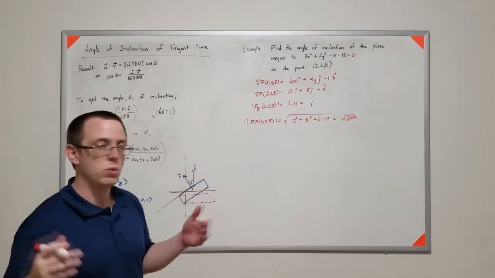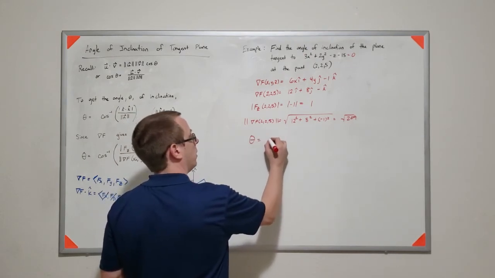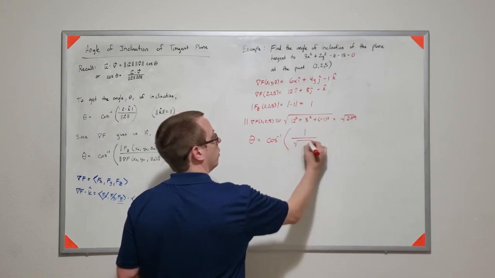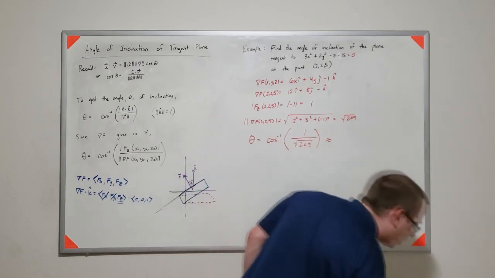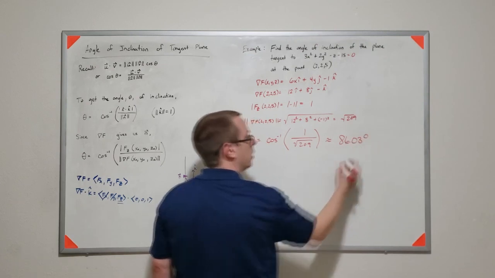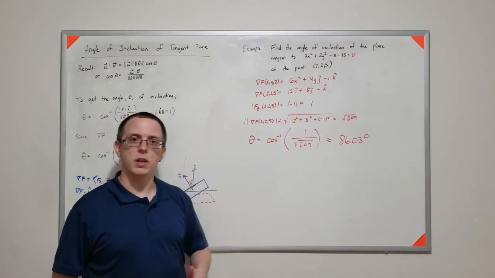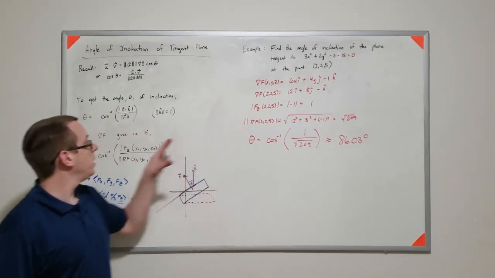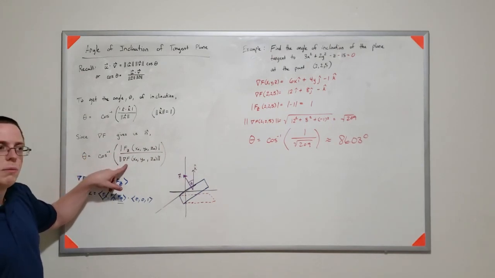So maybe you can. So then what I end up with is that theta is the arc cosine of 1 over the square root of 209, which I believe was roughly 86.03 degrees, or you can leave it like that depending on what you're looking to do. But ultimately finding that is just a matter of computing a partial and computing a magnitude of a gradient.